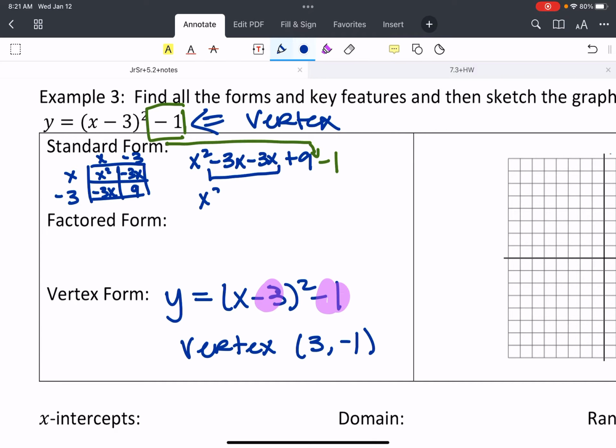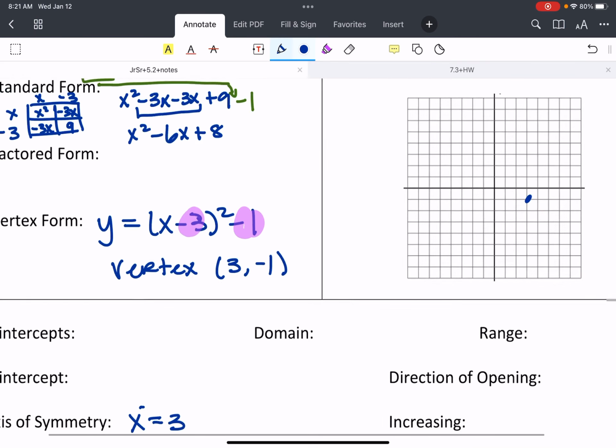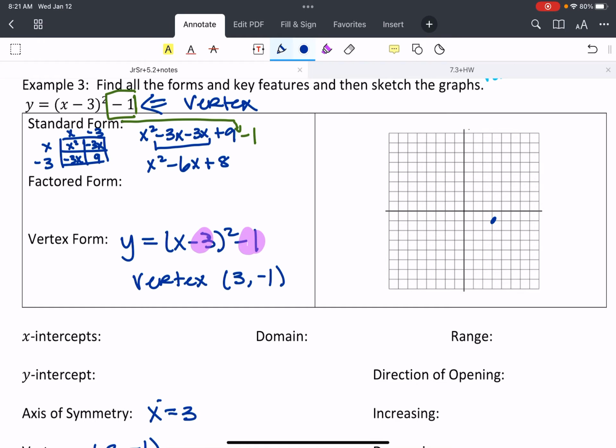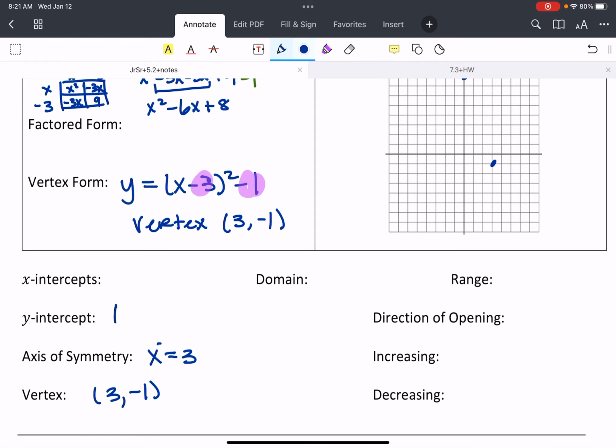So I get x squared, -3 minus 3 is -6 for our x's. And 9 minus 1 is 8. So I get plus 8. Hey, remember that gives us our y-intercept. So up here at 1, 2, 3, 4, 5, 6, 7, 8, I've got a y-intercept, so let's go ahead and plug in that information.